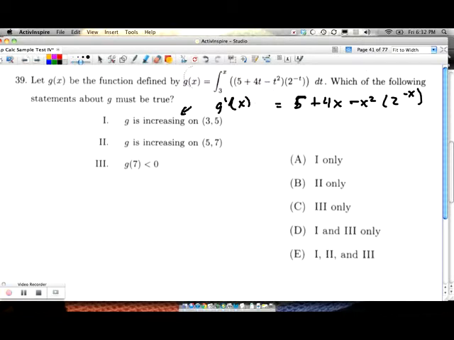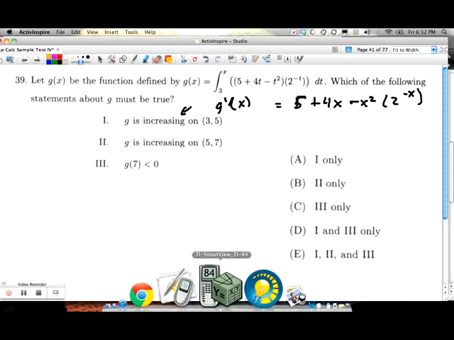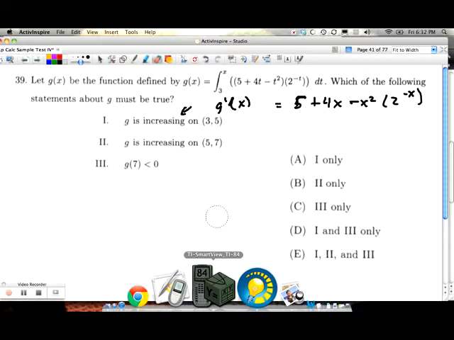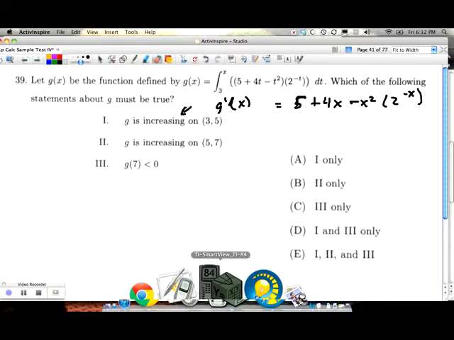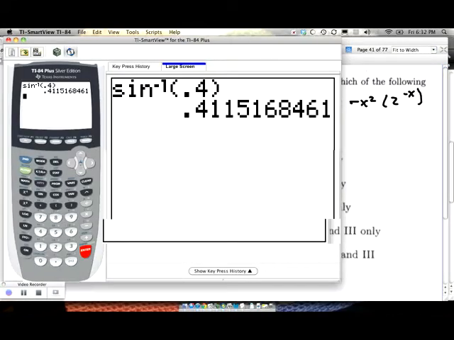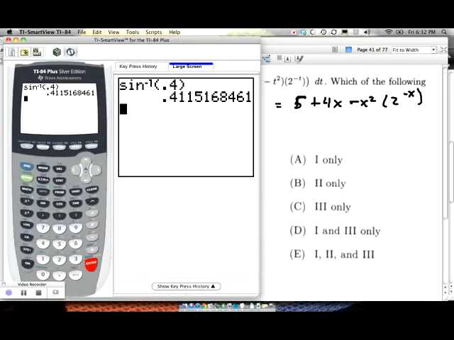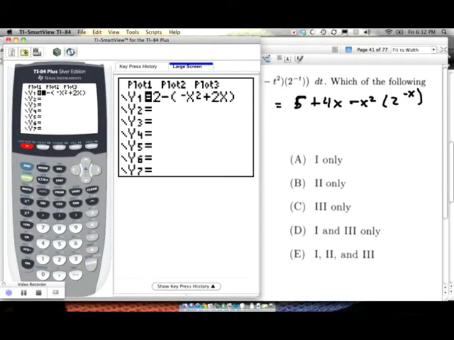So let's see if that is in fact positive by graphing it. This is again the fundamental theorem of calculus coming out here. We got 5 plus 4x, so let's type that in. Clear this one out. We have 5 plus 4x minus x squared. We gotta group all that together. I gotta insert a parentheses in here.